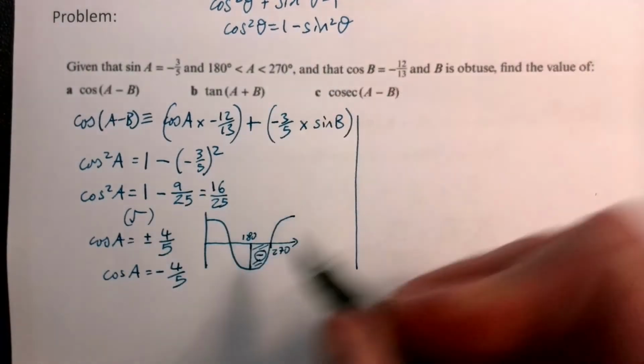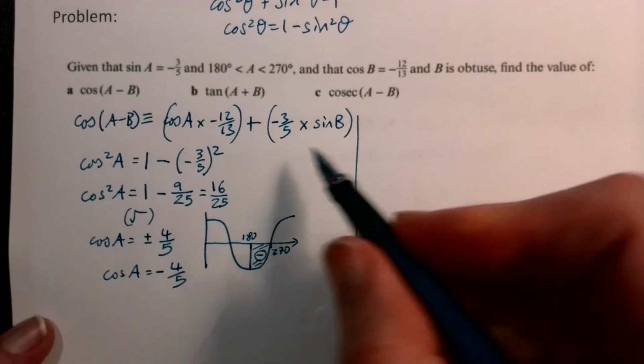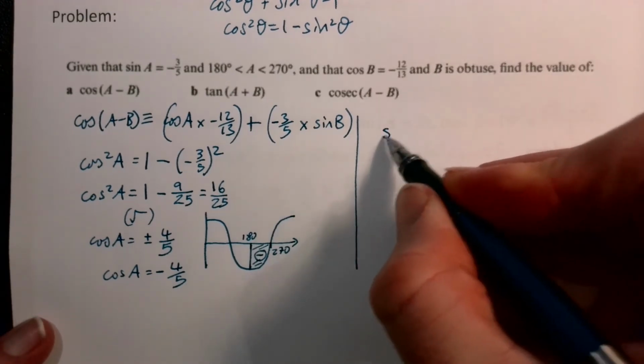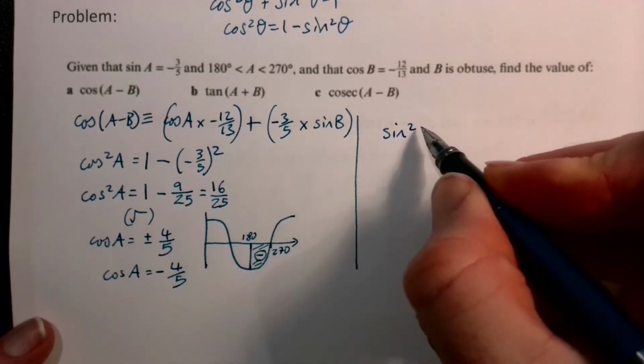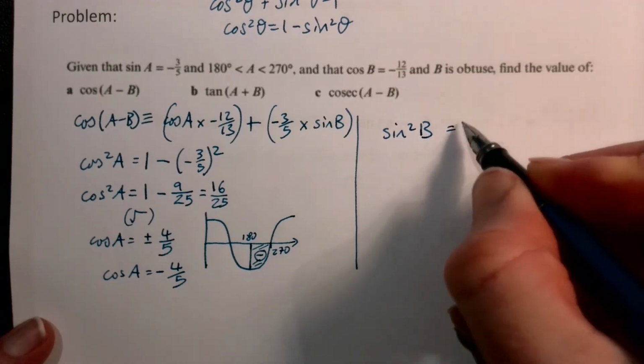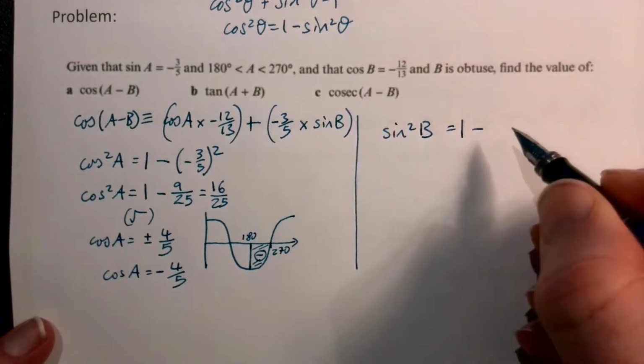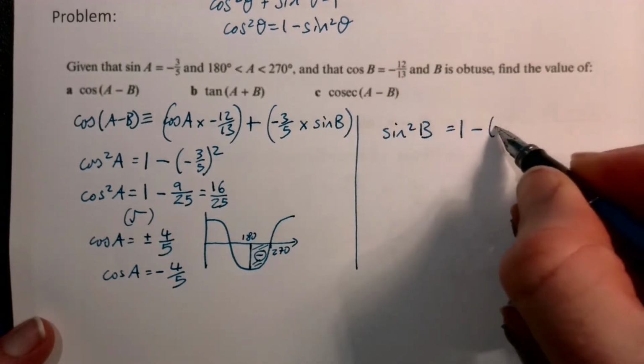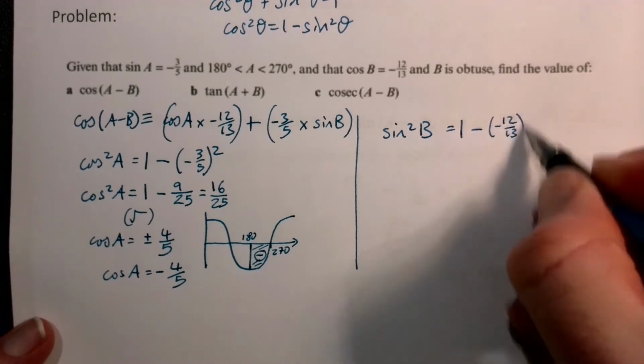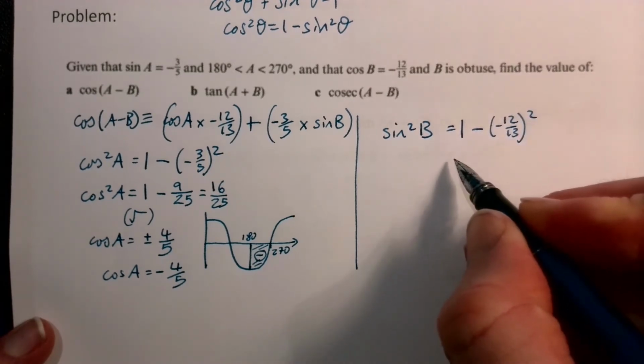And then I'm going to do a similar thing to work out what sine B is, because I can say that sine squared B is going to be 1 take, and cos B is negative 12 over 13, so we're going to square that.